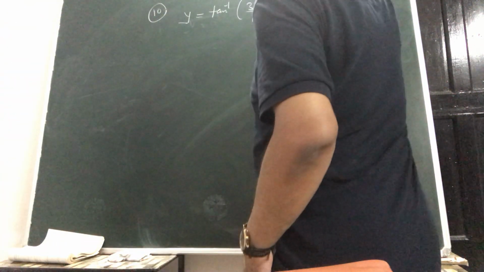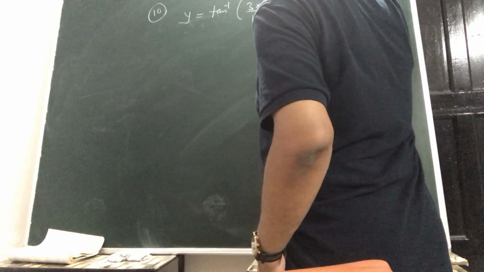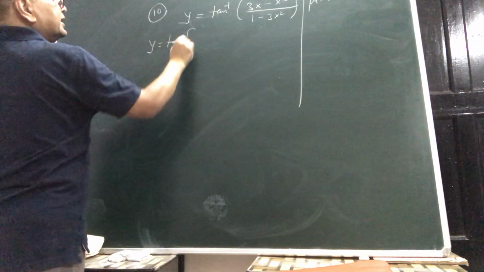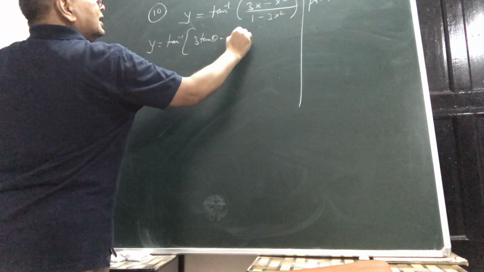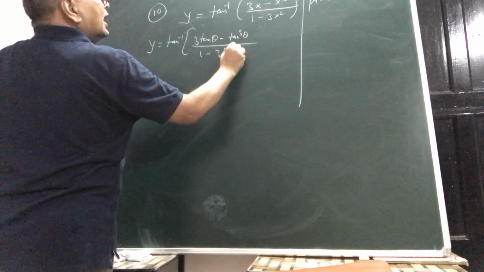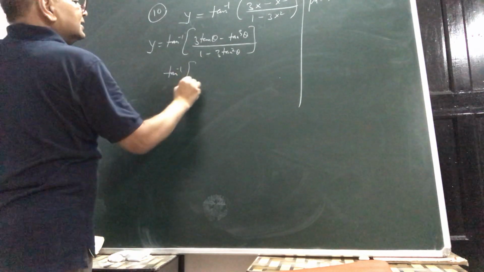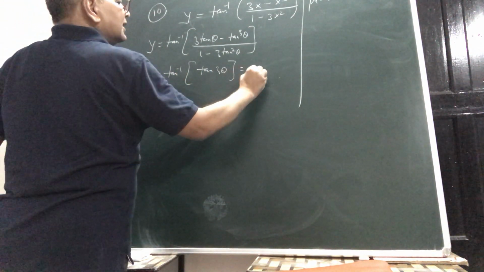Put x is equal to tangent theta. So y will be equal to tan inverse of 3 tan theta minus tan cube theta upon 1 minus 3 tan square theta, which is tan inverse tangent 3 theta, and this is nothing but 3 theta only.